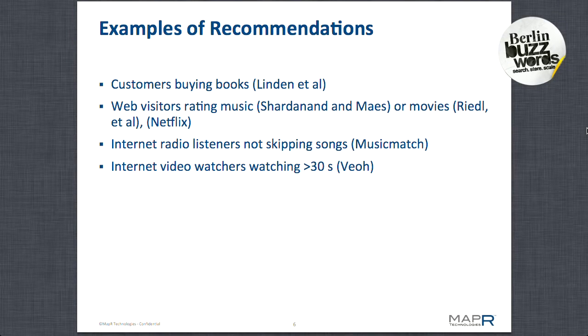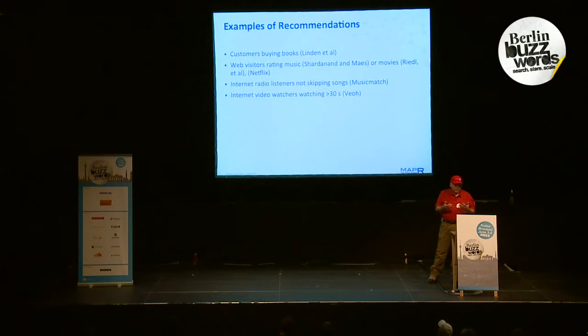There are many examples that people have seen. People buying books was one of the first public ones. That was Amazon, of course. Web visitors rating music. That was some of the first research coming out of MIT Media Lab. I've been able to construct a couple of large systems like the MusicMatch recommendation system, which involved people listening to music.